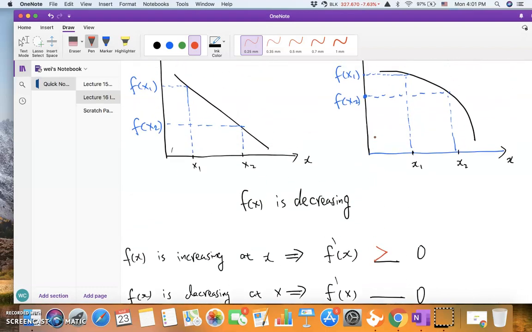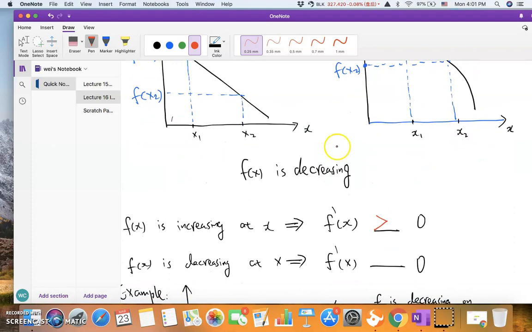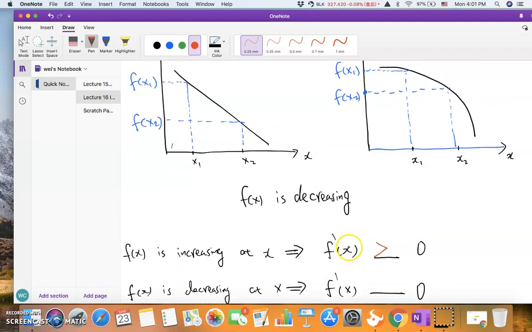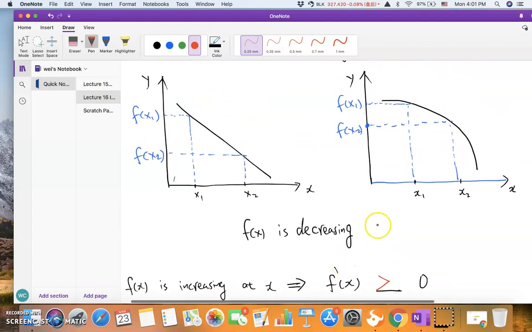Okay, let's look at what happens if the function is decreasing. So let's look at the x here. I draw a tangent line at this point, and it looks like this, right? Because the tangent line goes down from the left to the right, the slope is going to be a negative number.